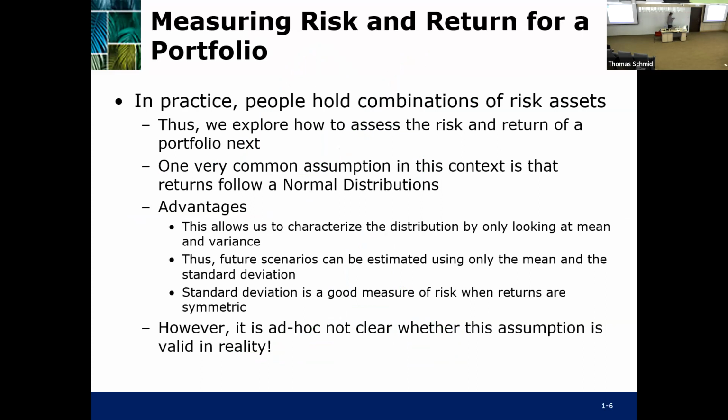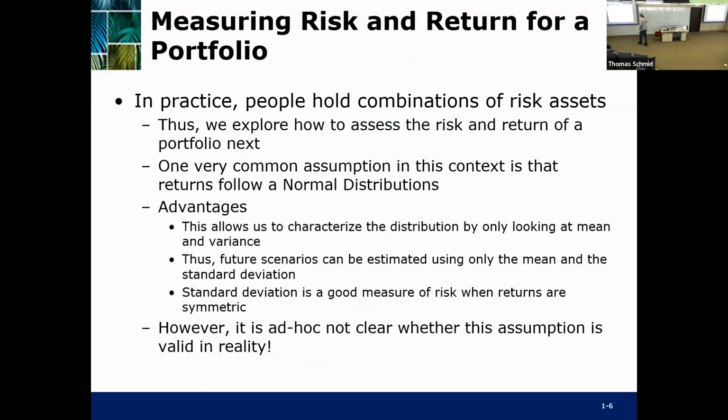The reason why we typically always in this portfolio context assume normality is that things become very tricky if you combine risky assets into portfolios and you do not assume normality.